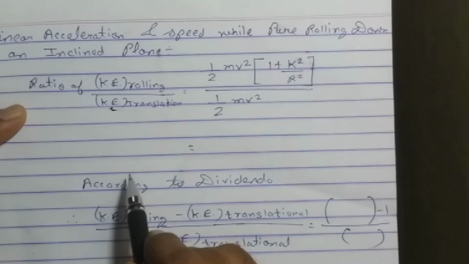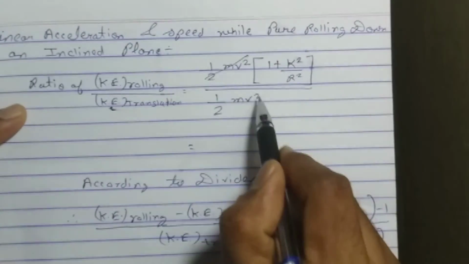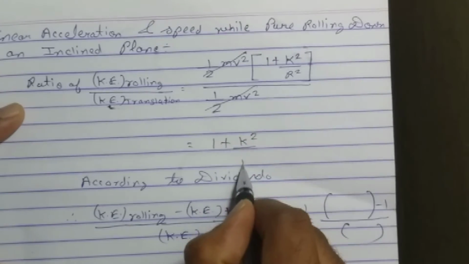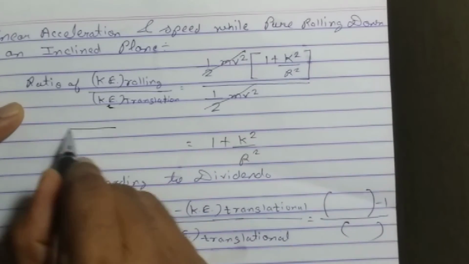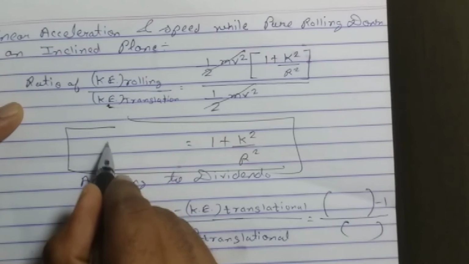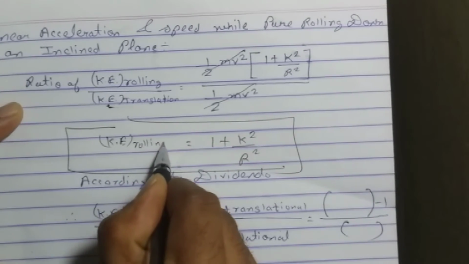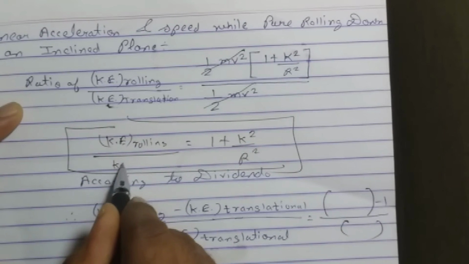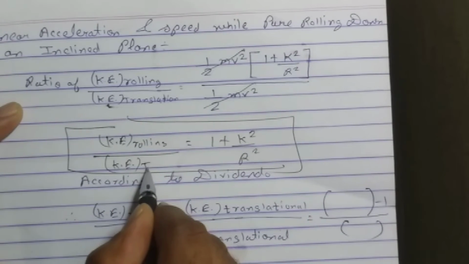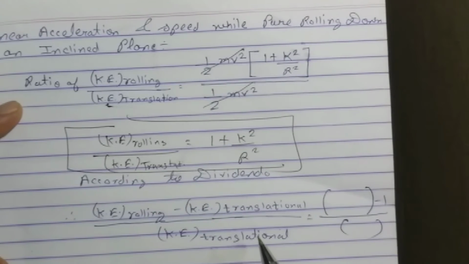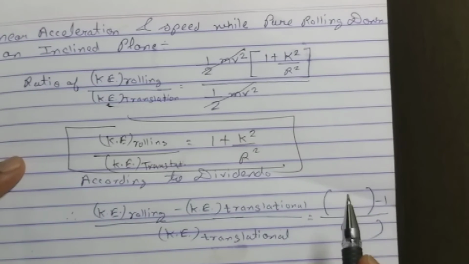Half mv square. So students, what do you observe? Half mv square cancels, and this is the ratio of kinetic energy of the rolling body and kinetic energy of translational motion of the body: 1 plus k square by r square.